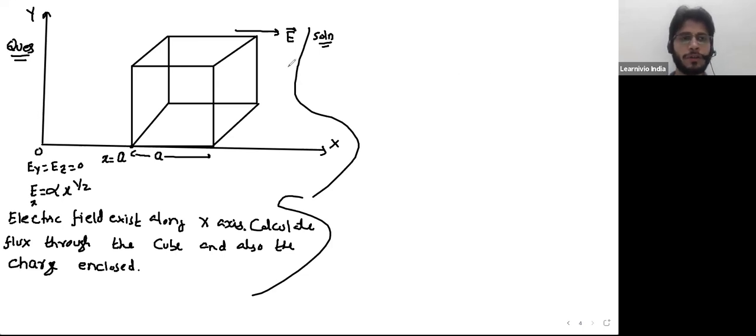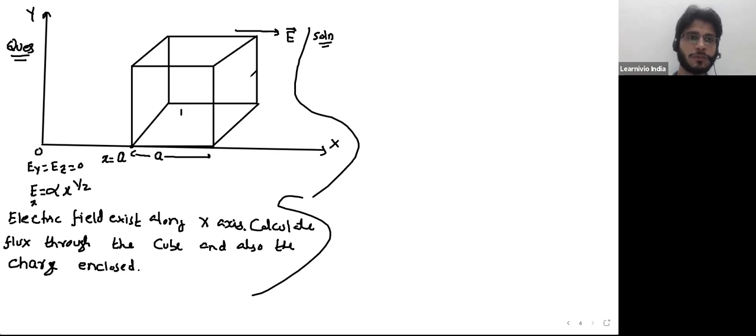When I solve it, to solve these type of problems, I don't have charge, so I cannot use Q by epsilon naught. So what we do is, whenever we calculate flux through the cube, we divide this cube into a number of faces.